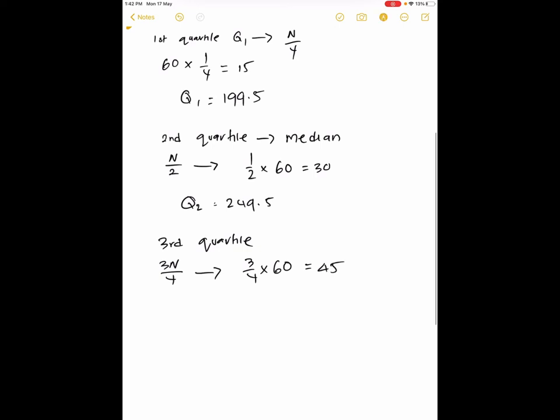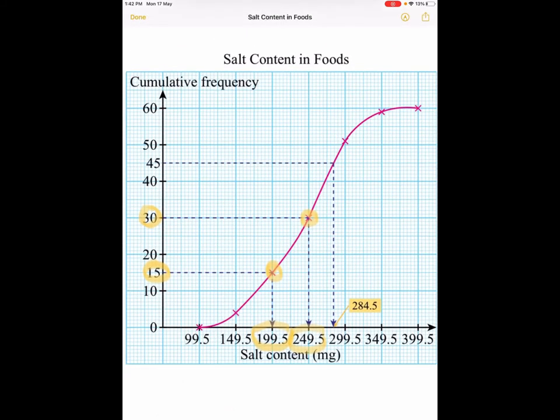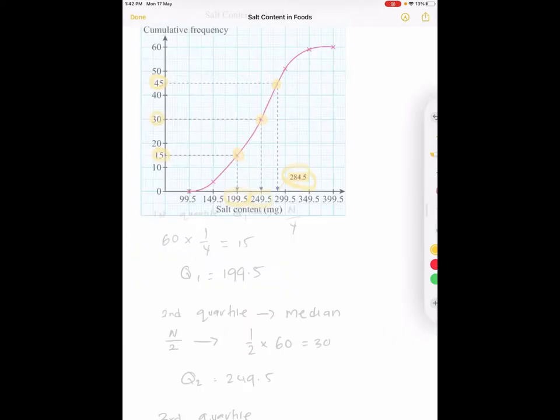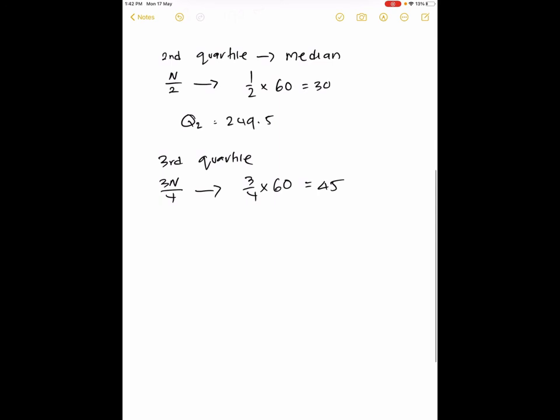To find the value for the third quartile, we go back to the graph and locate the value 45, which is between 40 and 50, which is here. We move to the right until we touch the line, and then we go down, and we find that the value for the third quartile is 284.5.